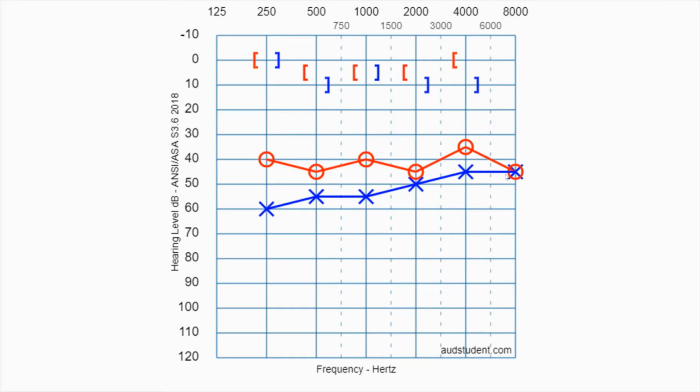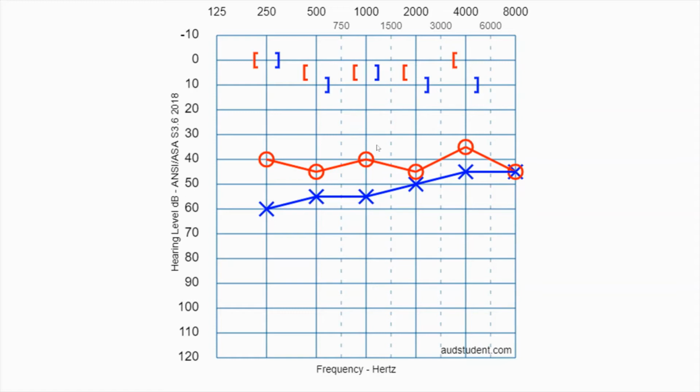And just to be sure, we can always do a pure tone average to find out, which is adding up our 250, 500, and 1000 thresholds, and then dividing it by 3. So that's 40, 45, 40 once more, added together and then divided by 3. That's going to be about 43.3 repeating, round that to 43, which is still in our moderate range.